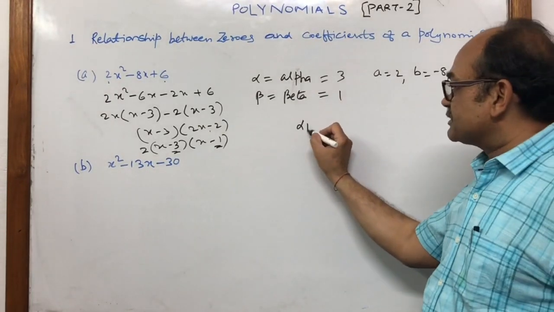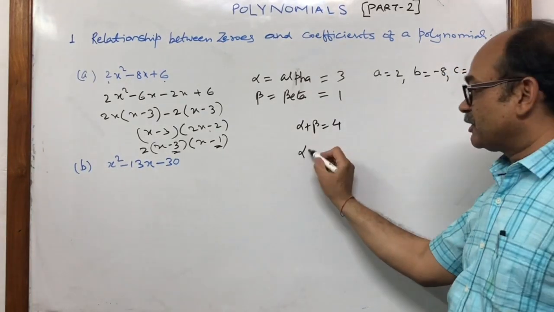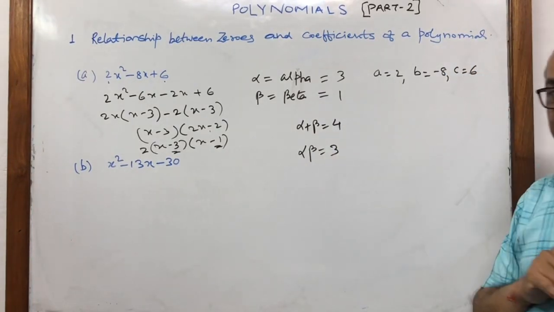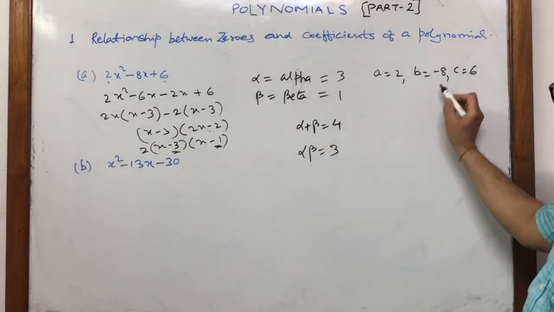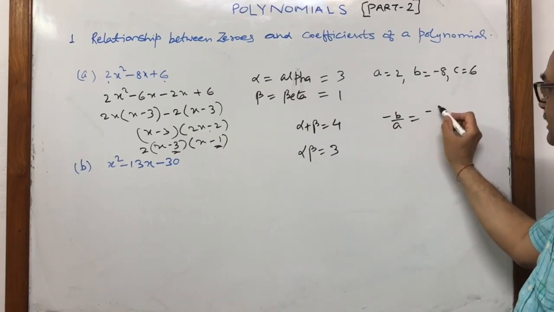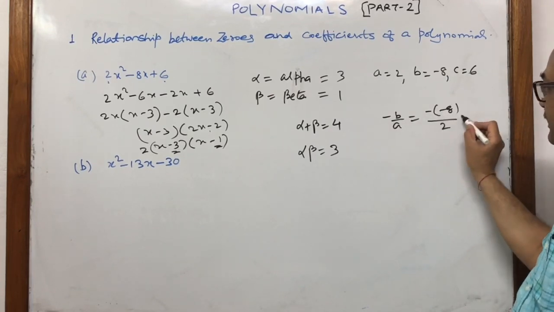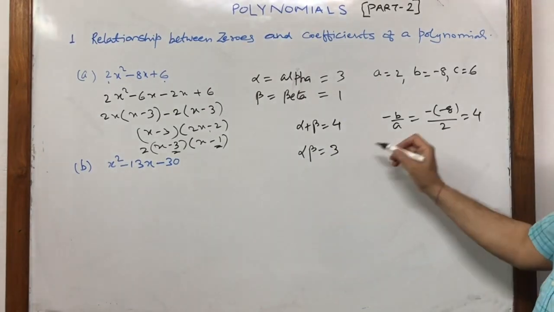What is alpha plus beta? 4. And what is product alpha beta? 3. Now we'll see that the sum of the zeros, if you write minus b by a, is nothing but minus b by a. You are getting 4. Yes. One more, product.